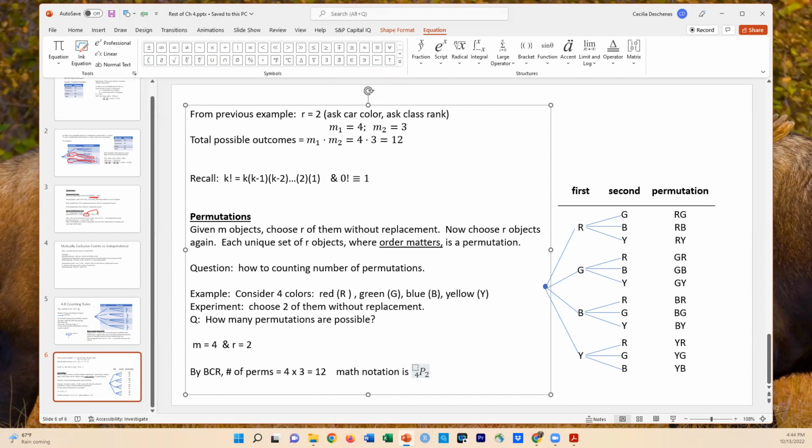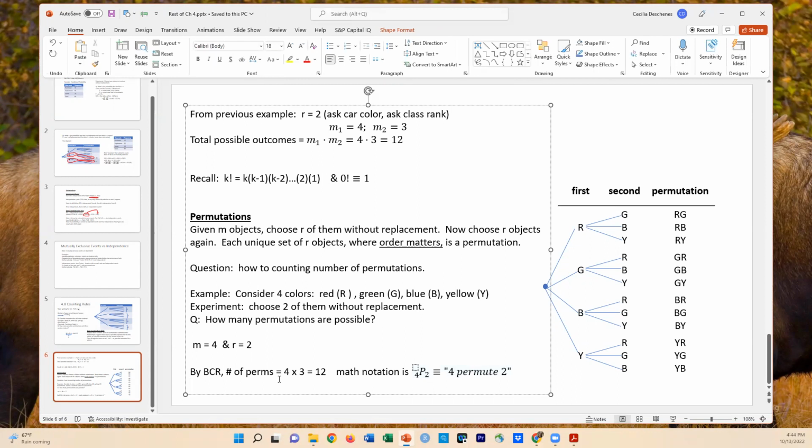The way we would say the number of permutations is 4 permute 2.